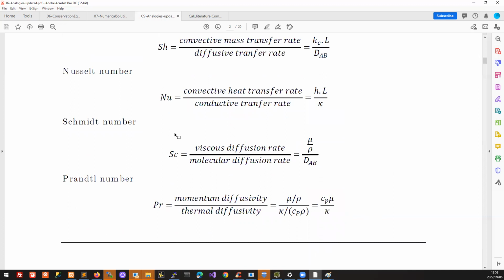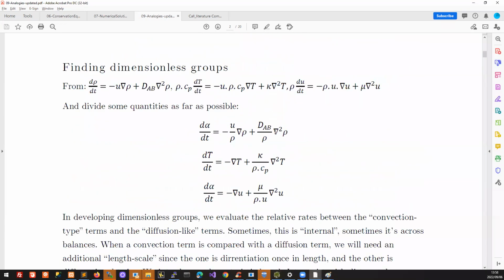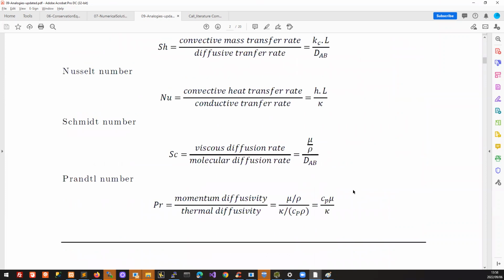The Schmidt number, that's the competition between viscosity and diffusivity. So in this case, we are looking at the diffusive parts. So does the viscous drag outweigh the influence of the diffusion of molecules? So you can imagine that has important applications again to mass transfer.